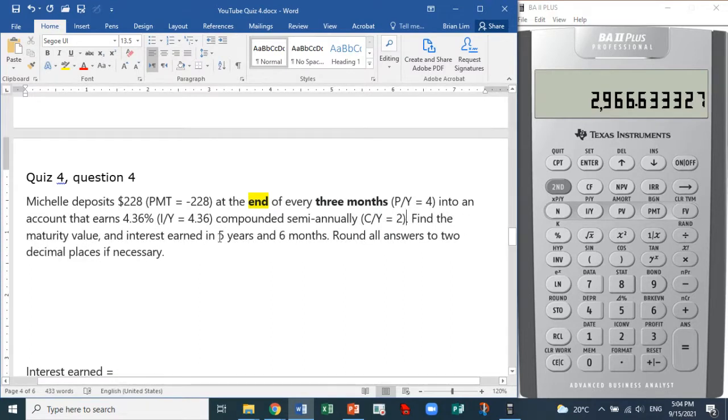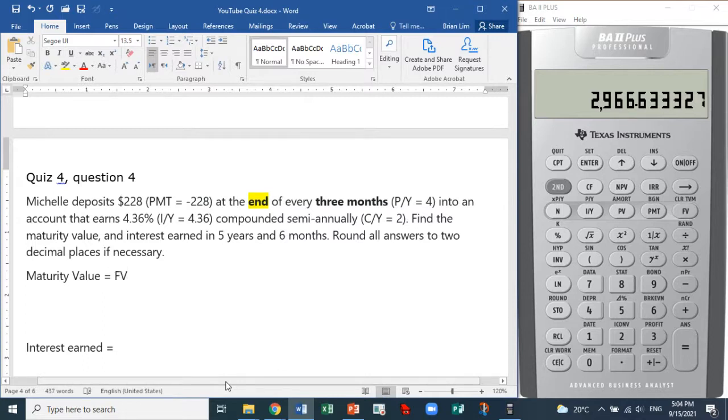Find the maturity value. That means the future value. We have to find the future value, then we have to find interest earned. So maturity value is equal to the future value.